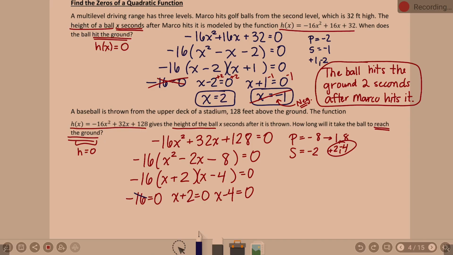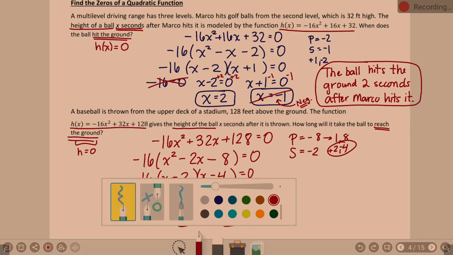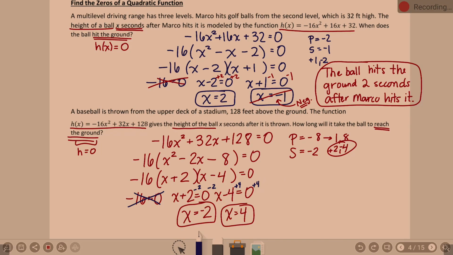If it's x plus 2, I'm going to subtract 2. If it's x minus 4, we're going to add 4. And I get solutions of negative 2 and positive 4.